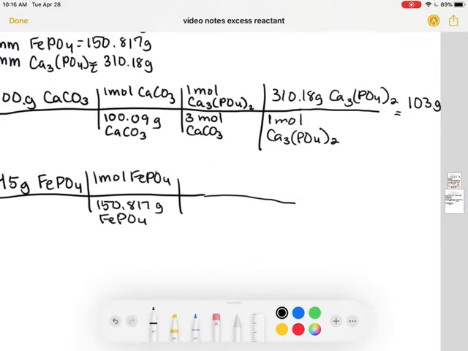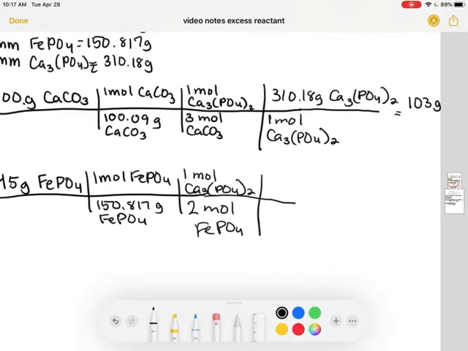For every 2 moles of FePO4, we get 1 mole of Ca3(PO4)2.